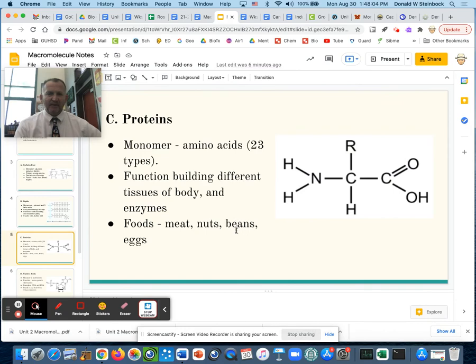Beans is probably one of the healthiest sources of that. Nuts are healthy, but a lot of times nuts have salt and other things on there that make them unhealthy. Meat, the best meat to eat would be fish. It has the best source of protein. And a lot of times we eat meat to get the protein, but we cook the meat in a way that makes it unhealthy, like fried chicken. And eating too much red meat might not be as good for you as well.